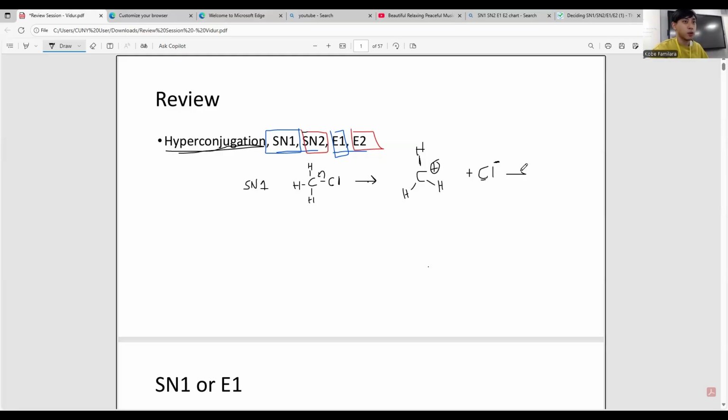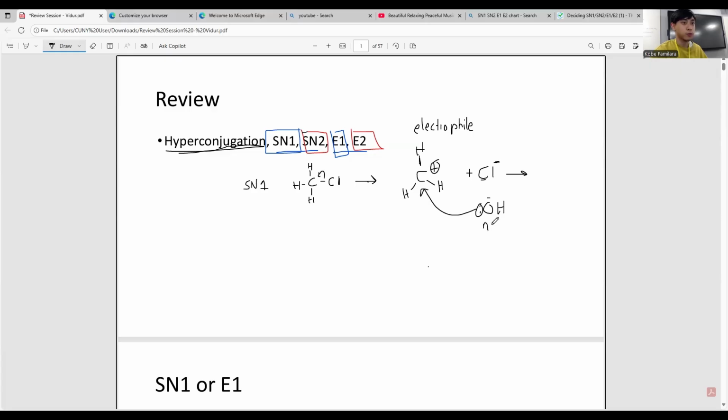Going from there, what actually happens is, let's say we have a hydroxide, and this will be the nucleophile. This hydroxide will be our nucleophilic model for the rest of the class. This will attack this carbocation. This carbocation, we call it the electrophile. Electrophile is another buzzword that we're going to use, because it loves something that's negatively charged.